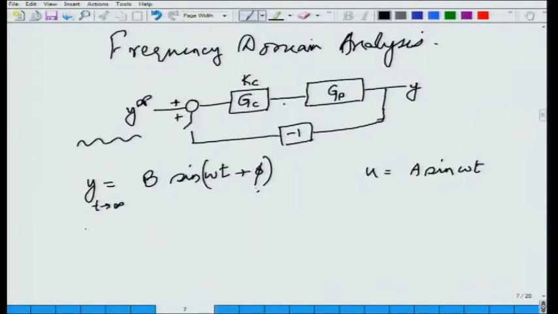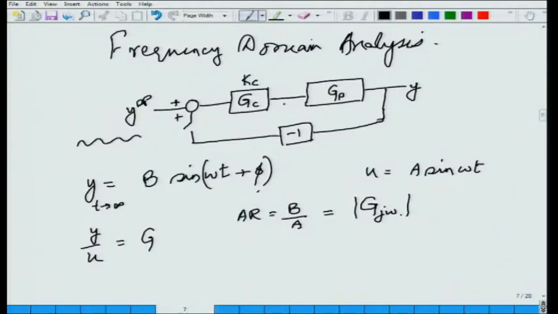And if the relationship y by u is given by a transfer function g, then what people have shown is that the amplitude magnification, called the amplitude ratio, equal to b by a, how much the sine wave is getting magnified by, is actually given by the magnitude of g j omega, where the Laplace variable s in the transfer function has been replaced by j omega.